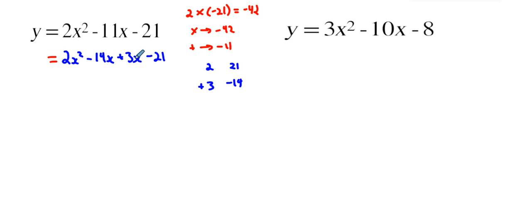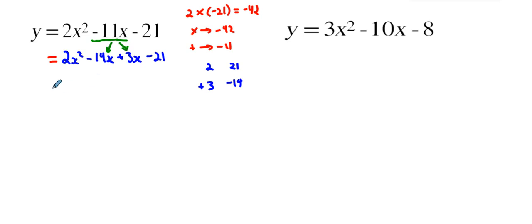Really mathematically, the order of these two terms doesn't matter, but I always try to strategically put things here and here that are factorable by common factoring, and then here and here that are factorable by common factoring. So what we've done is taken this negative 11x and decomposed it into the two parts.